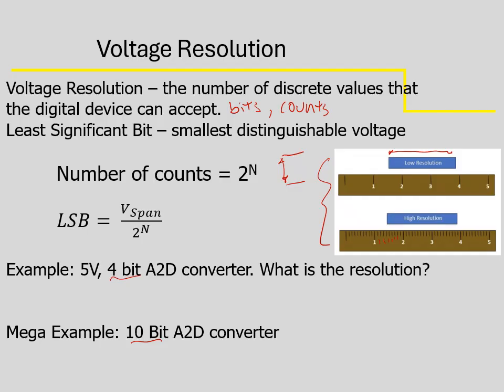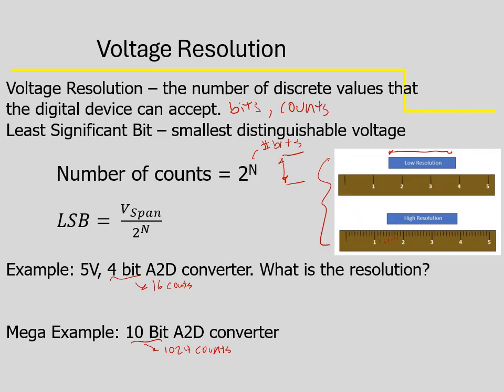The number of counts is 2 to the n, where n is the number of bits. So if it's a 4-bit A to D converter, that means 16 counts. A 10-bit is 1024 counts.